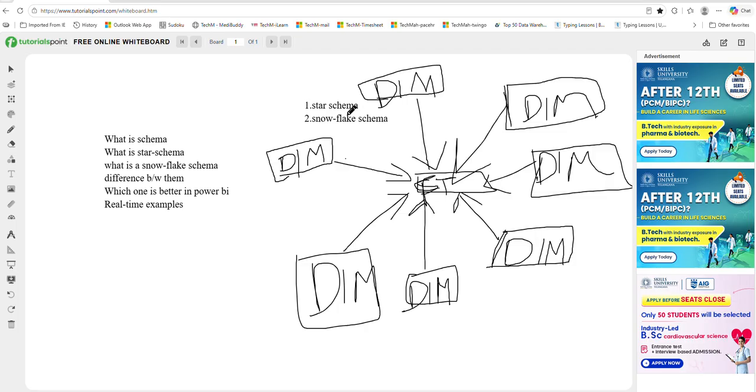Imagine a supermarket sales system. Fact table we can take as the sales table. What are the common columns in the sales table? I will write here. First one you can take like sales amount.